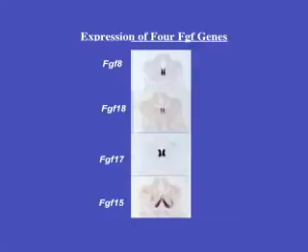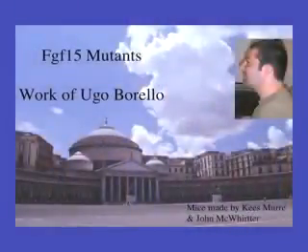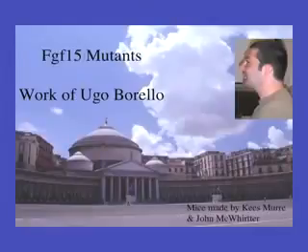And then on the other hand, this weirdo, FGF15, has overlap in the ventral region, but it expands much more ventrally. So let's find out what these different FGF genes do. I'll tell you about mice that have mutations in FGF17 and FGF15. The FGF15 analysis was done by Ugo Borello, who's from southern Italy. This is Naples. And the mice were made available to us by Kiesmer and John McWhirter.